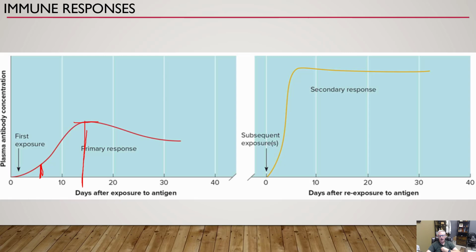But with subsequent exposures, because of those B cells and T cells, you'll be able to measure those antibodies in our bloodstream much quicker. Here we're at day 2-ish, whereas here we were at day 5, day 6. And then we actually peaked a lot higher up here than we did with our primary immune response.